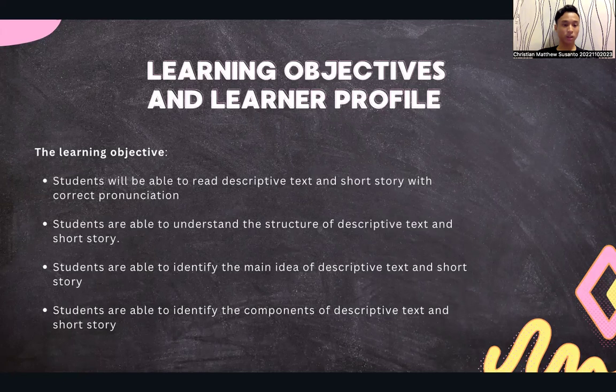Third, students are able to identify the main idea of descriptive text and short story. And the last, students are able to identify the components of descriptive text and short story. We're moving to the next part.